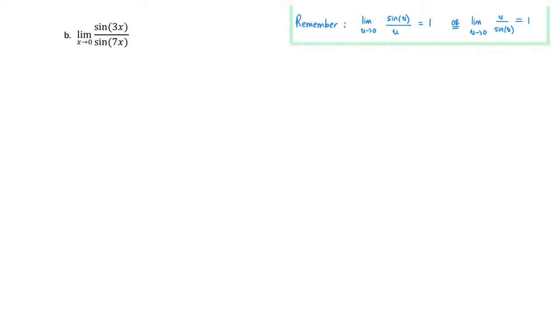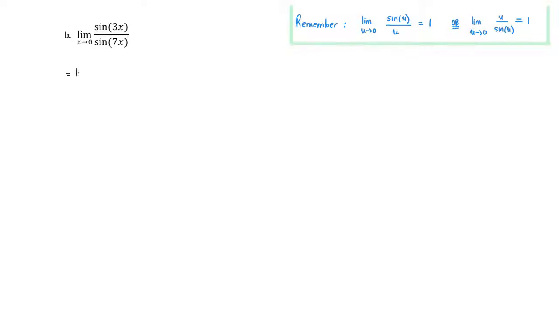And I want to emphasize again that we have to have a perfect match of the variable in this expression for this to be equal to 1. u has to match with u inside of sine and has to match with u under the limit. So u, and u. Let's keep that in mind and begin our analysis.